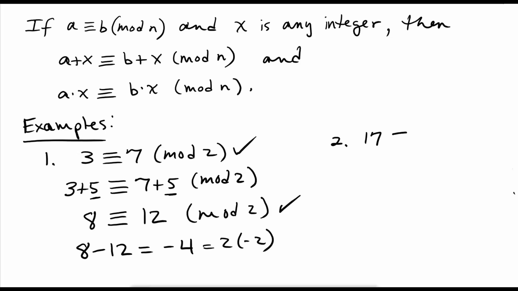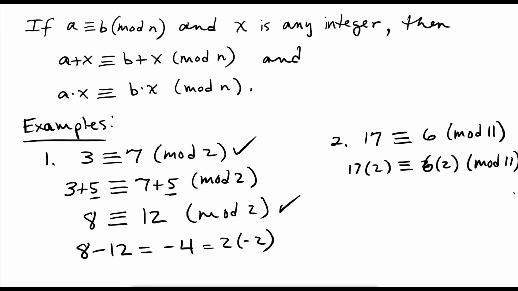17 we know is congruent to 6 modulo 11, because 17 minus 6 gives me a multiple of 11. Well, let's multiply both sides by 2. So 17 times 2 is congruent to 6 times 2, and we end up with 34 is congruent to 12 modulo 11.